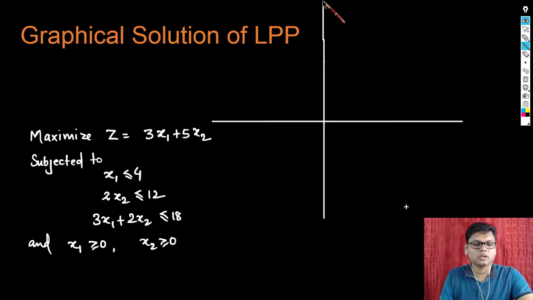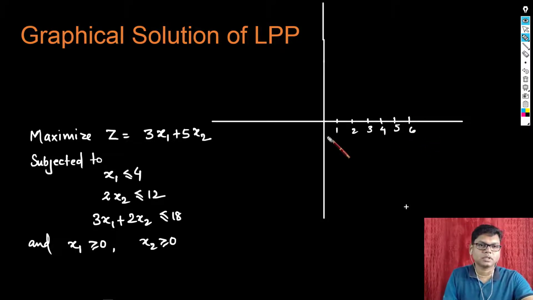We will write 1, 2, 3, 4, 5, 6. Up to where we have to go: here is x1 equal to 4, and for x2 we need to go up to 6. But if we put x1 here, then x2 will be 9, so we have to shift it a little bit.